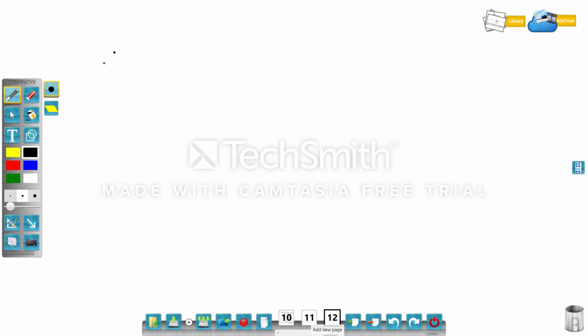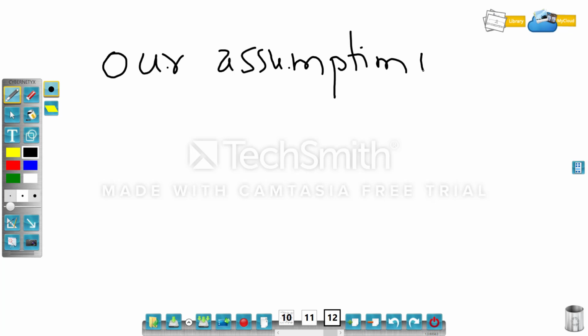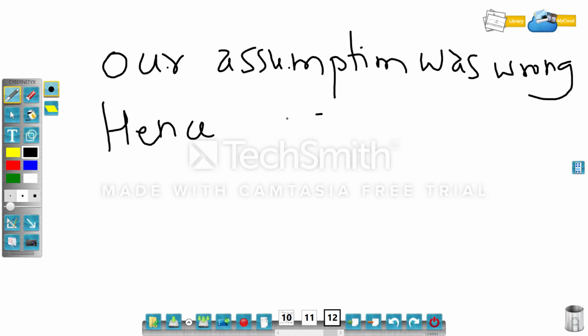So our assumption was wrong. Hence series bn is divergent.